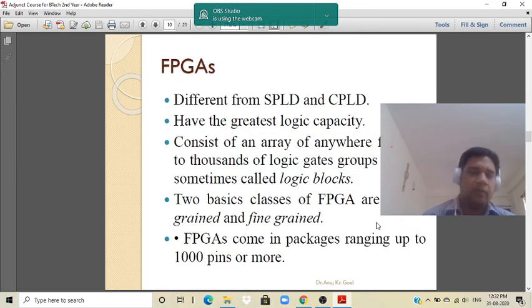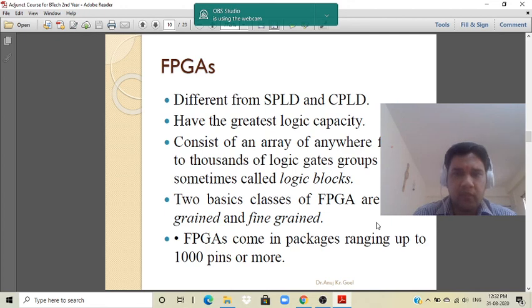Then FPGA. Their architecture is basically different from SPLD and CPLD. They have the greatest logic capacity, consisting of an array of anywhere from 64 to thousands of logic gate groups that are sometimes called logic blocks. So in an FPGA there are rows and columns of logic blocks. These logic blocks consist of different types of components, and these components are programmed together to make a device.